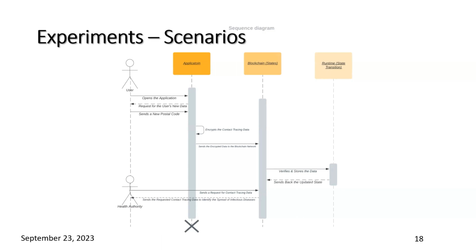Then our state transition or runtime, which has our logic, verifies and stores data, do needed calculations, and send back the updated states to the blockchain network. And on the other hand, we have health authorities, which can query the contact tracing data from the blockchain, and receive required data to identify the spread of any infectious disease.